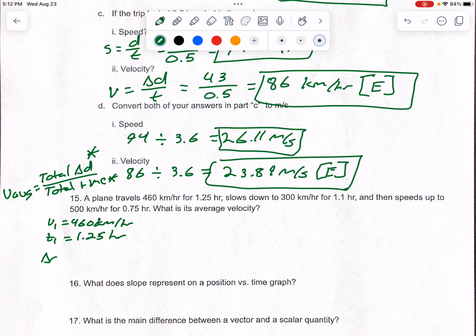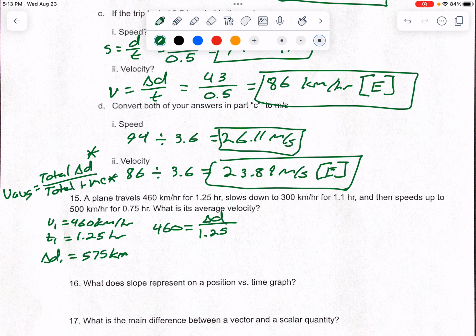That means I don't know displacement and I need it for the equation. So remember, this is where you can do V equals D over T. So I would take this V, 460, equals D, I don't know, over time 1.25. So 460 times 1.25 is going to give me that displacement, which would be 575 kilometers.